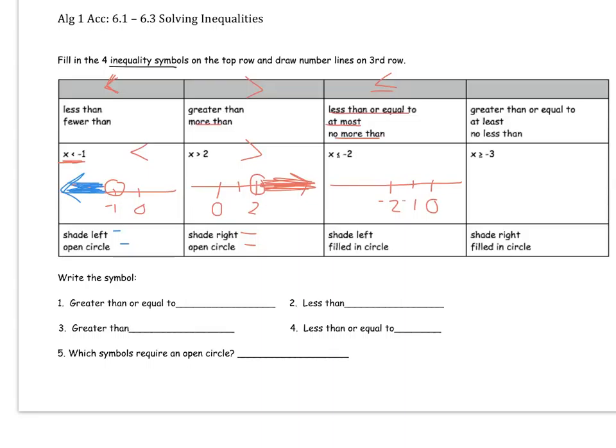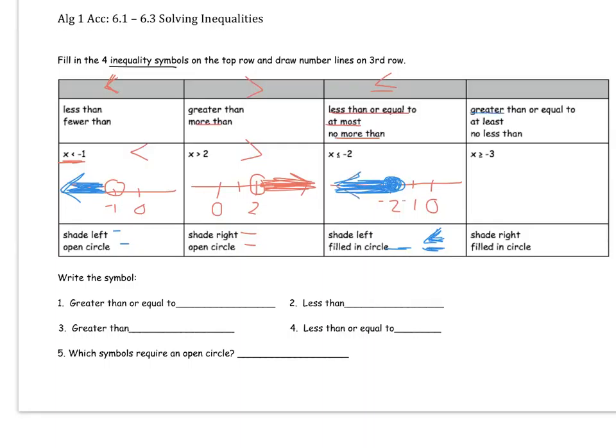Now I am going to use a filled in circle. When it's less than or equal to, it's going to be a filled in circle. As you use more ink to make the equal sign down below the symbol, you'll use more ink to fill it in. And it's going to the left. Less than or equal to: filled in circle, and to the left.